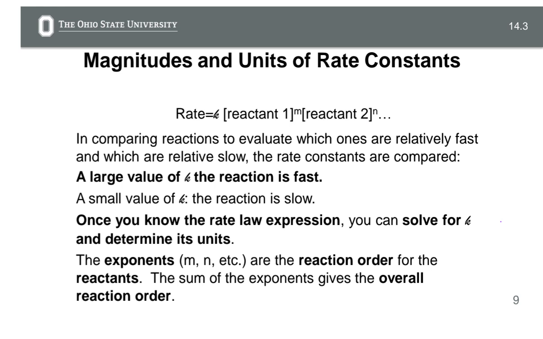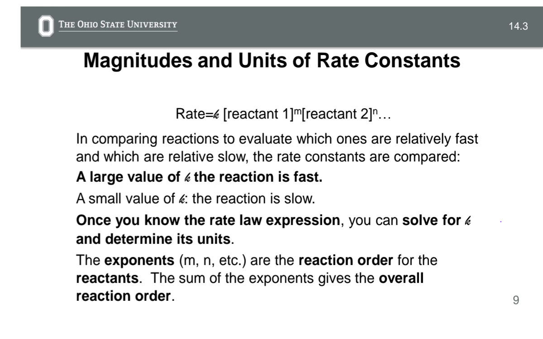And then just sort of to summarize here a few things. Rate law expression, okay, rate equals K times the reactant raised to an order times reactant 2 raised to an order. And what does the rate constant K mean? If we have a large value for the rate constant, it means that that reaction occurs very quickly. And if it's small, the reaction is slower.